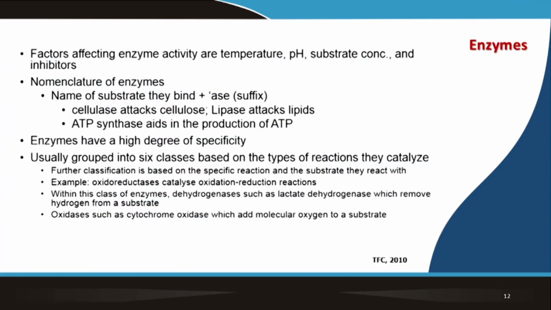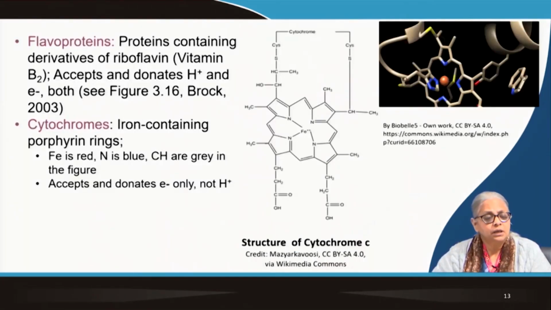These are some of the enzyme groups that are responsible for most of the enzyme mediated reactions. Then we come to flavoproteins. Now, flavoproteins are proteins that contain derivatives of riboflavin, which is vitamin B2. These flavoproteins are capable of accepting and donating both protons and electrons, and I am referring you to the textbook again to see the structure of the compound and how and why protons and electrons can be accepted or donated.